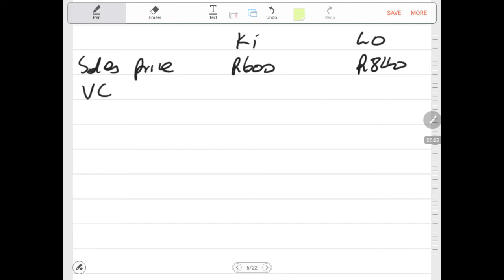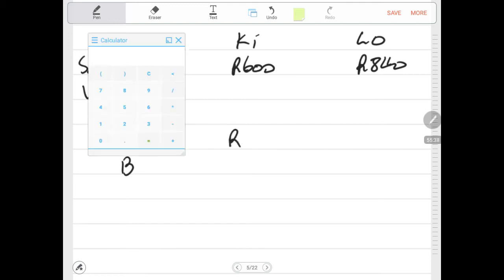We less our variable cost, where we have direct material, material A and B. Our material is at the price of 11 rand currently, and we multiply by the required kgs of product KI, then we get the cost per unit. 11 by 8, we get 88 rand.